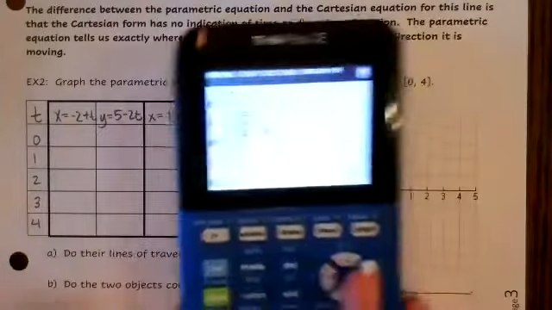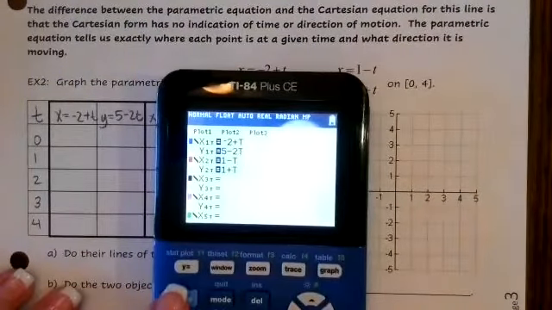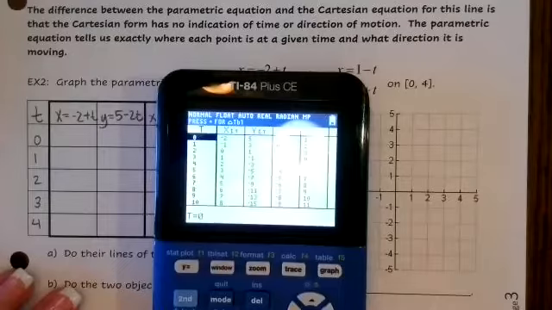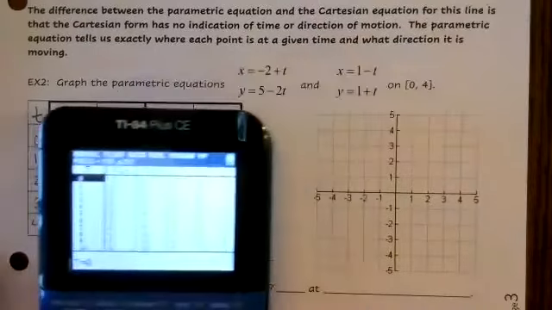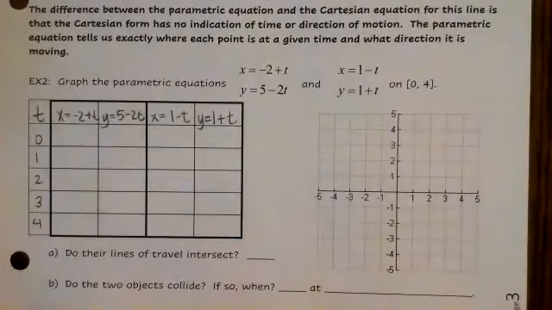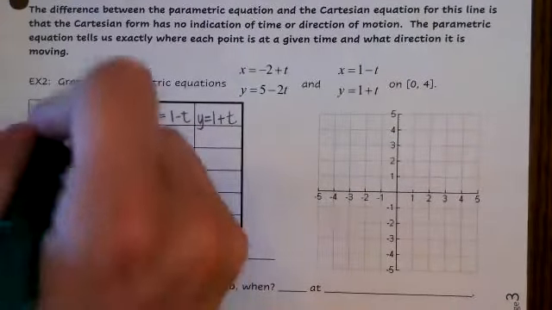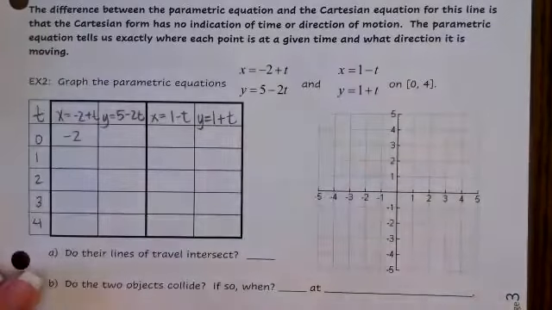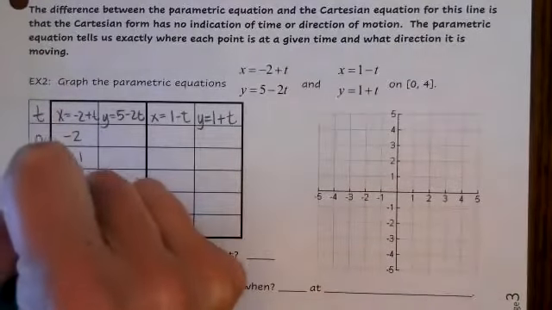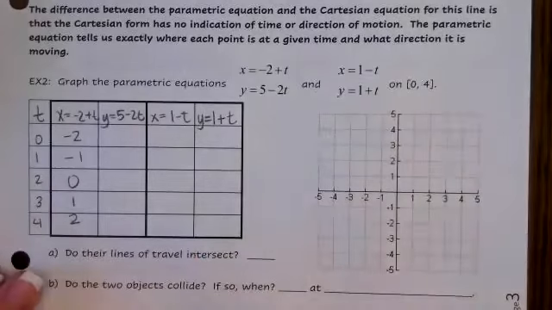And I'm going to go ahead and use the table, the calculators to fill these out just so we can move through this a little bit quicker. We hit second graph, and that takes us to our table. So I can easily use the table from the calculator to help me fill out this table. You could plug in that 0 there, -2 plus 0 is -2. So it is easy to plug those in and write the table as well if you didn't have a calculator.